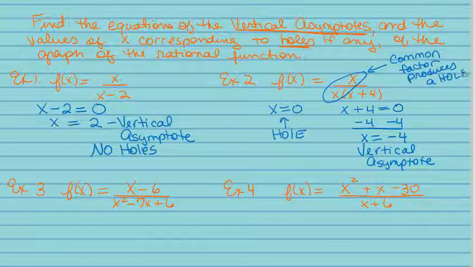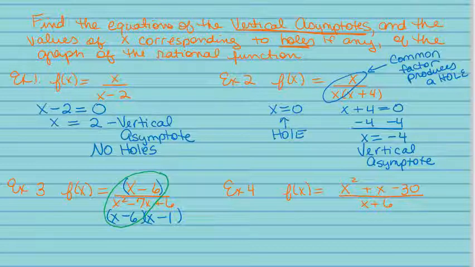Alright, so let's look at number 3. Number 3, the numerator does not need to be factored, but the denominator does. Stop the video if you need time factoring that. This is going to factor into x minus 6, x minus 1. We see a common factor.